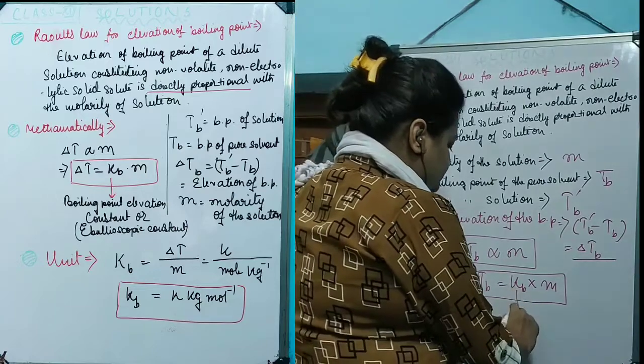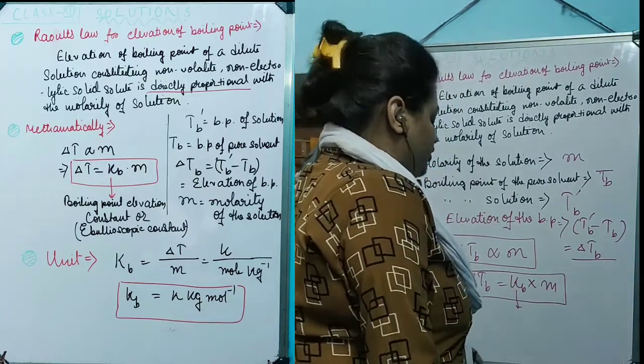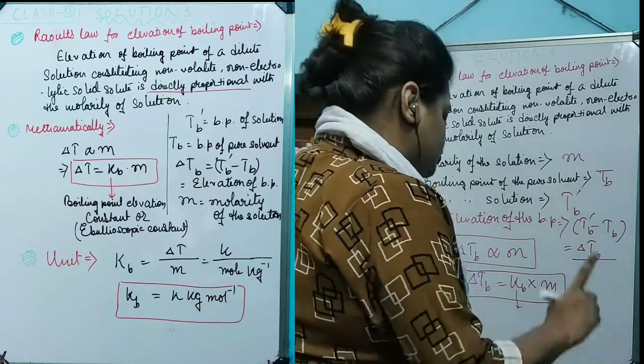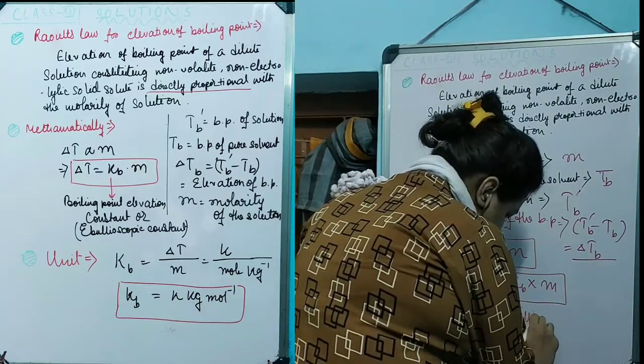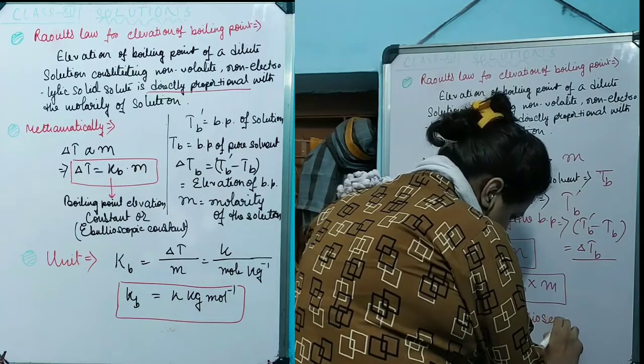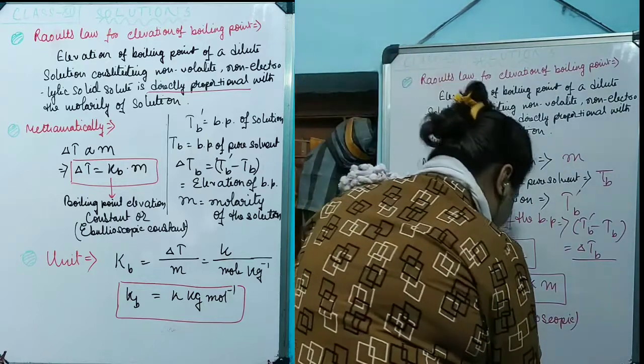Now this Kb is nothing but a proportionality constant known as the elevation of boiling point constant, or ebullioscopic constant.